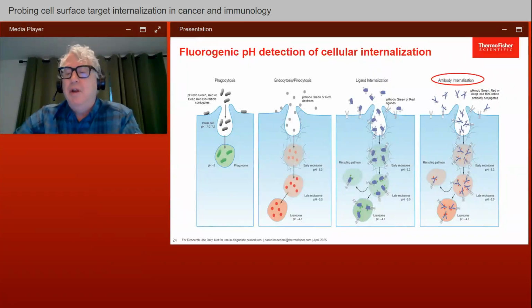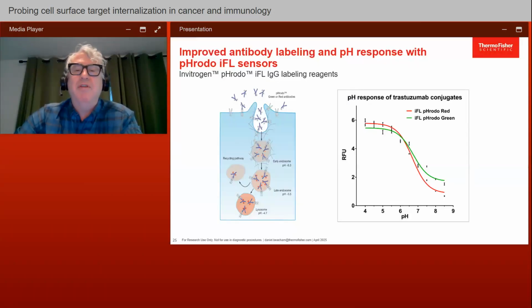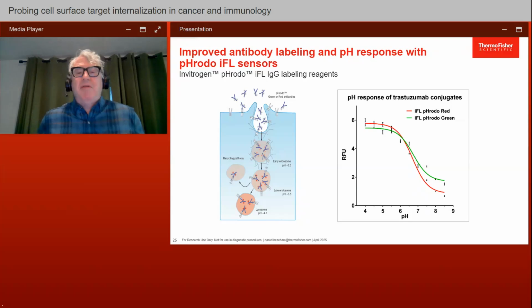So, bringing the focus through these other means of internalization to targeted and antibody receptor internalization pathways. Here, switching first to the new generation of dyes that have been built just to address antibody labeling.